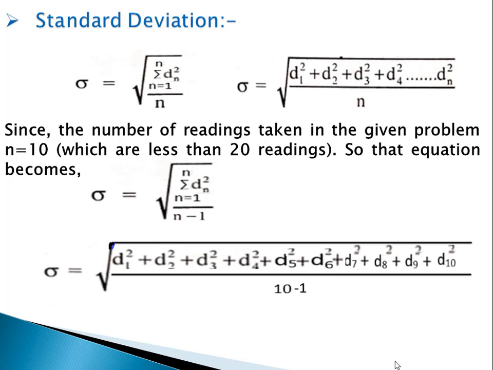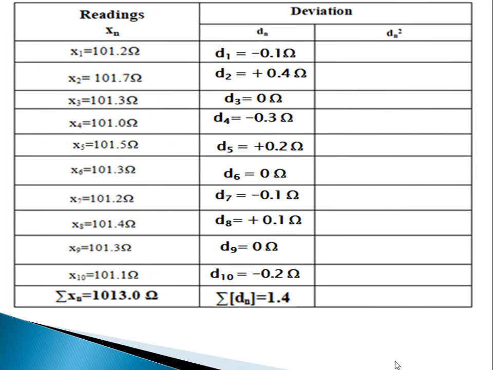Now, according to our problem, sigma becomes square root of d1 square plus d2 square plus d3 square plus d4 square plus d5 square plus d6 square plus d7 square plus d8 square plus d9 square plus d10 square whole divided by 10 minus 1. Now next step is substitution of all the values in the given equation.